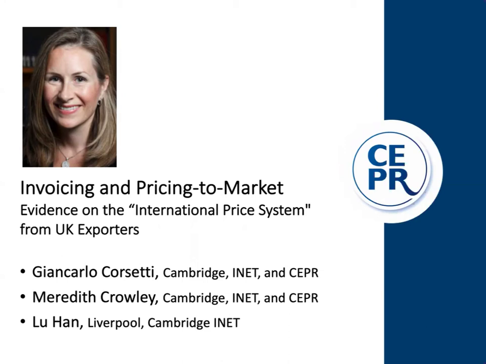We want to start by asking, if we look at pass-through into prices at the level of the firm, is it still correlated with the currency the firm chooses for invoicing? Another question is, do firms use just one currency when they invoice their trade, or do firms use multiple currencies?